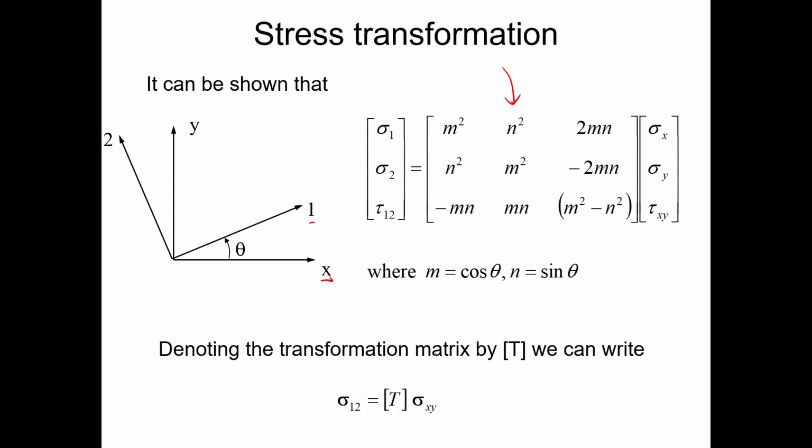Denoting the transformation matrix by T, we can write sigma 1, 2 equal to T times sigma xy. So basically, this is the material axis stress, and this is the global coordinate system.